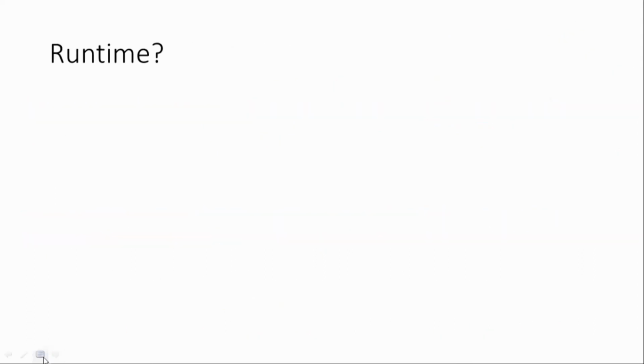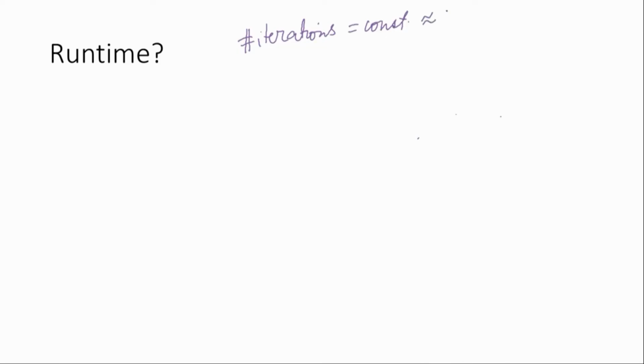Okay, so let's look at this. What is the runtime for k-means plus plus? So there's the number of iterations, which I'll tell you is a constant. In practice, you will see that it's about 10. But what is the runtime in each iteration? Time per iteration.